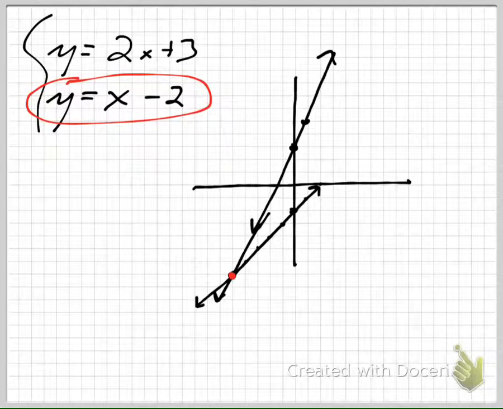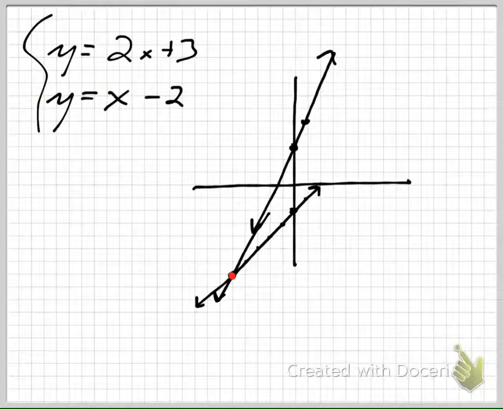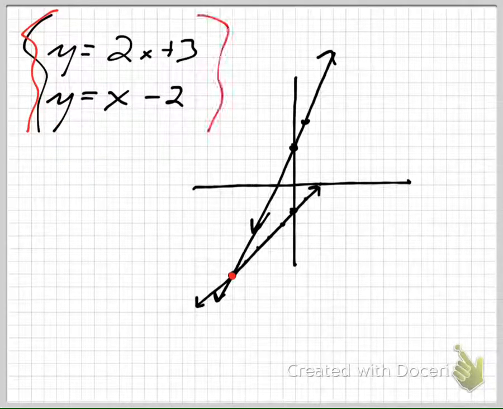There's an infinite number of solutions to the first line, and an infinite number of solutions to the second line. But since we're talking about a system, the answer is where are x and y the same for both? Where is it true for both?